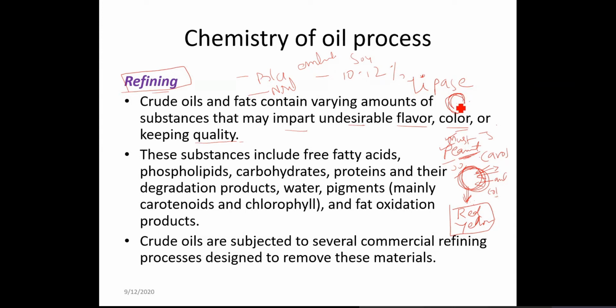But the moment you express, the oil will come out. Along with the oil, the enzymes lipases and lipoxygenase will also come out. And when the oil is available, which is a substrate to this enzyme, the lipase will break down the lipids into free fatty acids, and then auto oxidation would start and the oil will get rancid, and therefore the keeping quality of this type of oil is very poor.